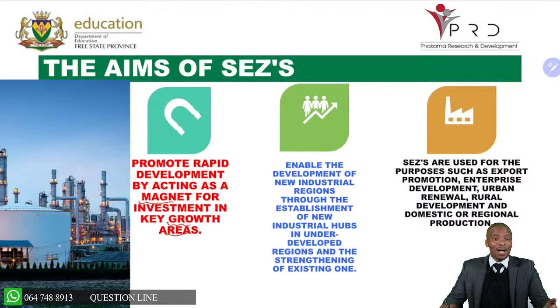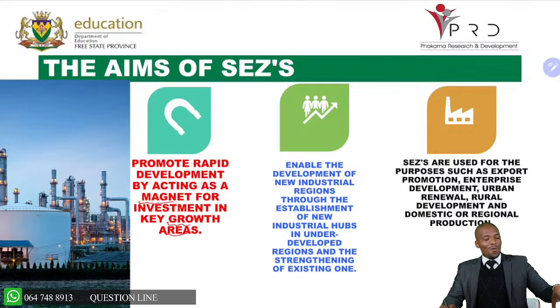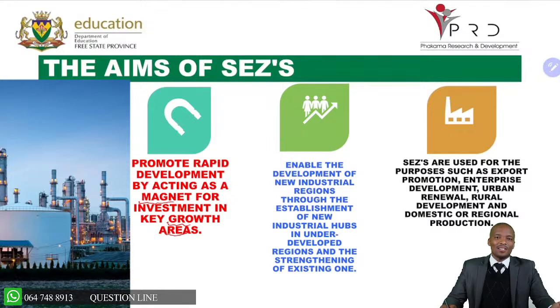Number one, magnet for investment in key growth areas. Number two, establishment of new industries or enhancing the existing ones. And then the other one, for export promotion, so that once we produce goods in our country, surplus goods can be exported to other countries.